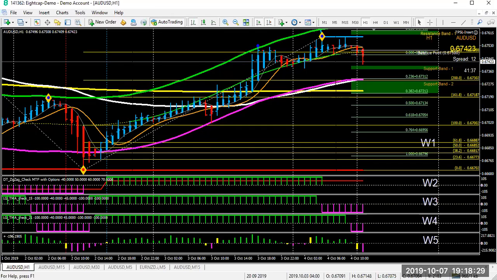Over here, this is the briefcase. Price wants to come back down. If it does, up there we can see the Pink Riverbank, the open percentage line at 0.236 and support band 2 are all in that area.